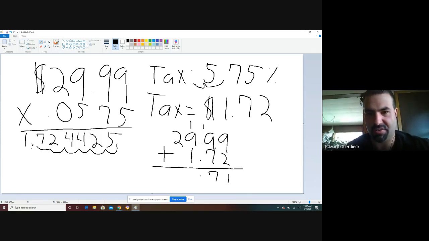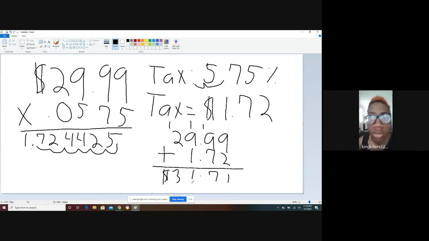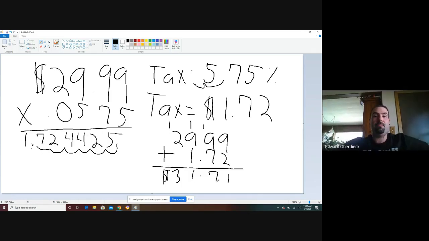I added 9 and 7, that gave me 16, and added 1 more, which is 17. Once again, I carry my 1 over. 9 plus 1 is 10, and 1 is 11. Carry my 1. 2 plus 0 is 2, and 1 is 3. That's how I get my total price with tax: $31.71.